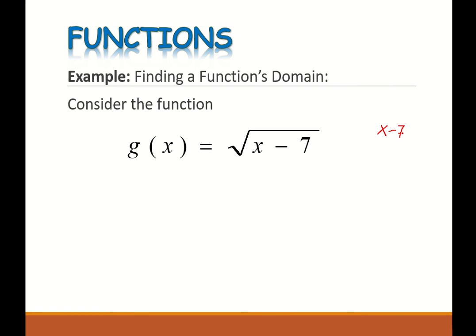When the radicand x minus 7 becomes negative, it should be less than 0. Oh sorry, we need to make it 0. So x minus 7 less than or equal to 0.